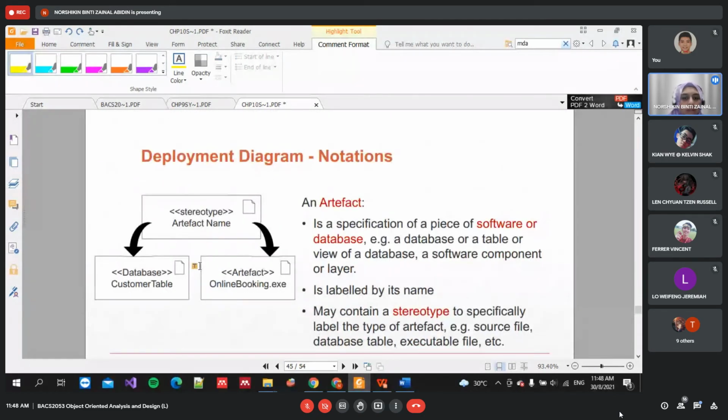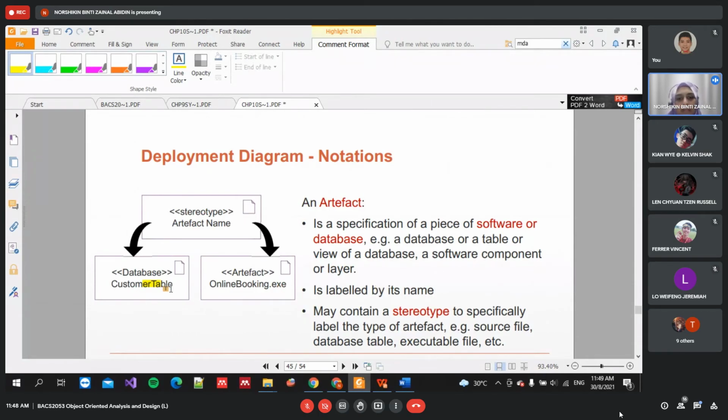Deployment diagram notation: what is an artifact? An artifact is a specification of a software or DB, the specific DB. For example, in our DB we have a customer table, or another example is a student name table, student ID table.